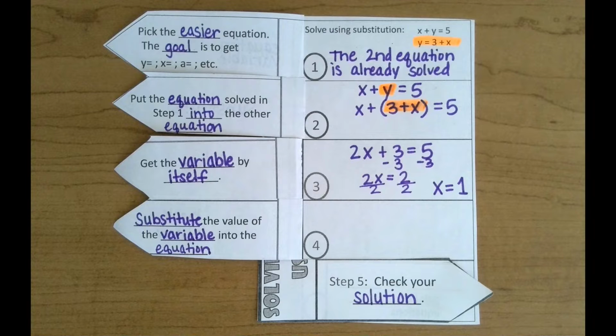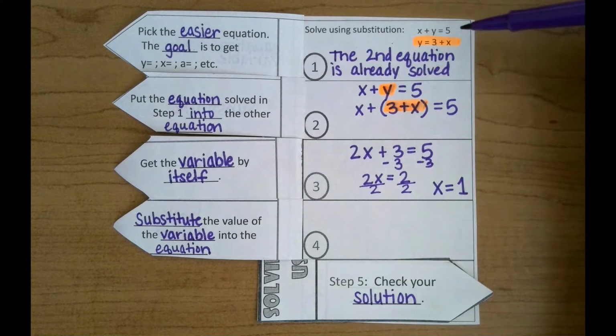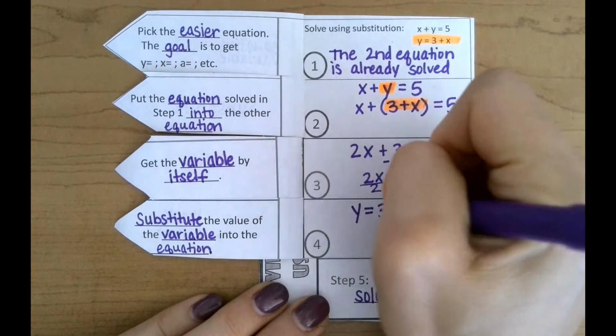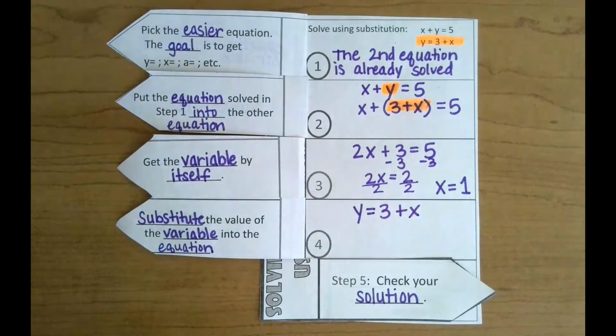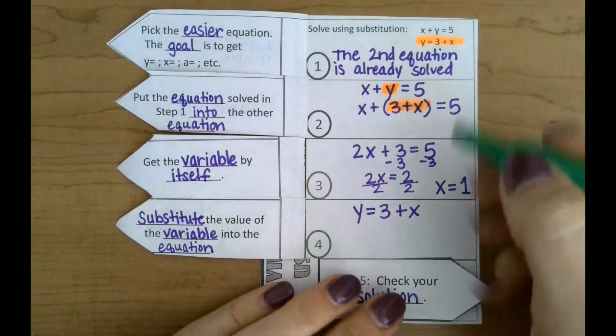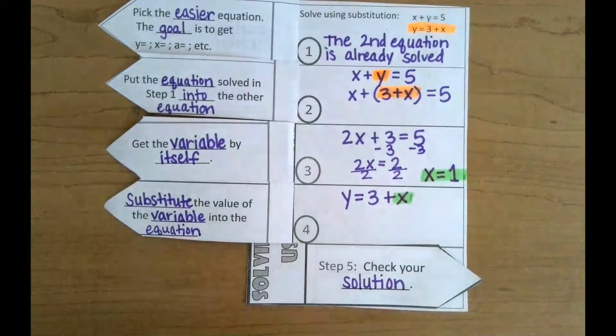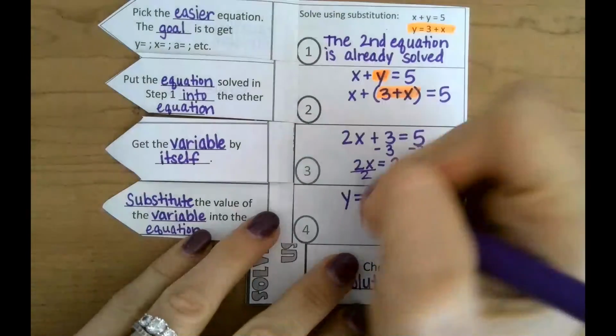And it doesn't matter which equation you choose, just go back to the original equations up here. So which of these do you think would be easier to substitute x equals 1 into? Yes, agreed. So let's do y equals 3 plus x. And then if you are color coding, use a different color to show our x value is 1. Then I'm going to highlight x to show that I'm substituting it in.